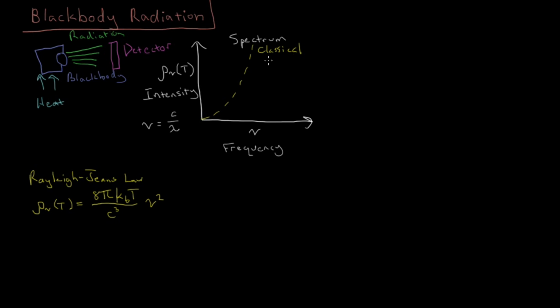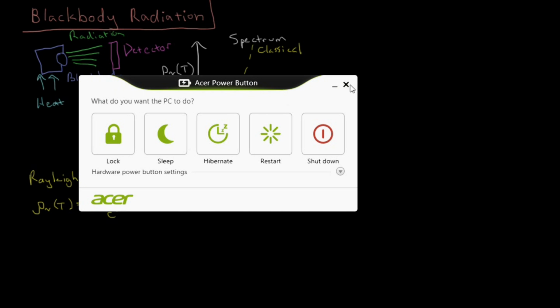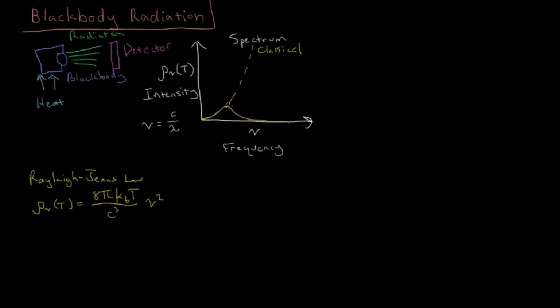But it turns out that if you actually measure the spectrum, you don't get something which looks like this. You get something which looks much more like this. It goes up, it follows that parabola for a while, but then it tails off. It reaches some maximum and then goes back down to 0. At a higher temperature, it'll be quadratic for longer and then tail off, and at even higher temperatures, even further.